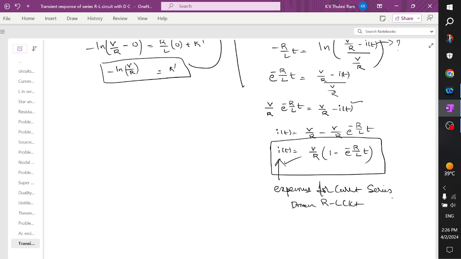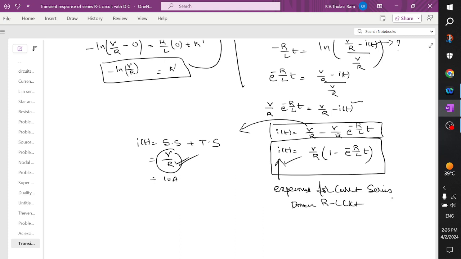You can see how to draw it, and you can understand this expression clearly. This is V by R, where I of t can also be written as a sum of steady state current plus transient state current. V by R is the steady state value. For example, if V by R is 10 amperes, it will reach this 10 amperes, but through the term with e to the power, which is an exponential rise.